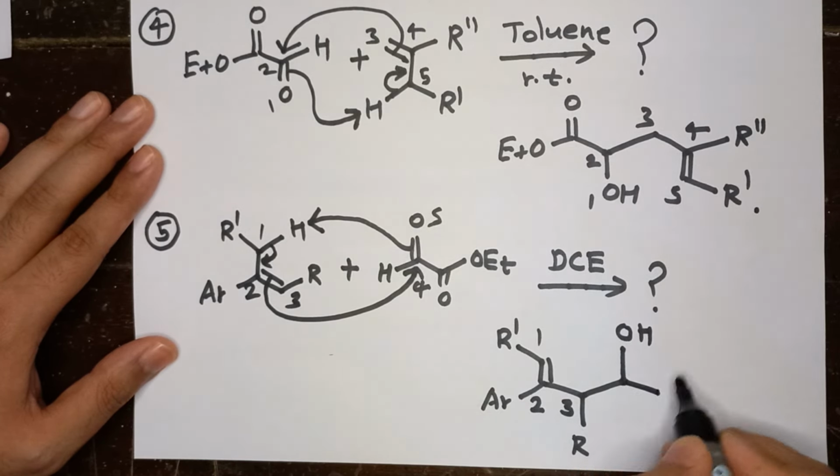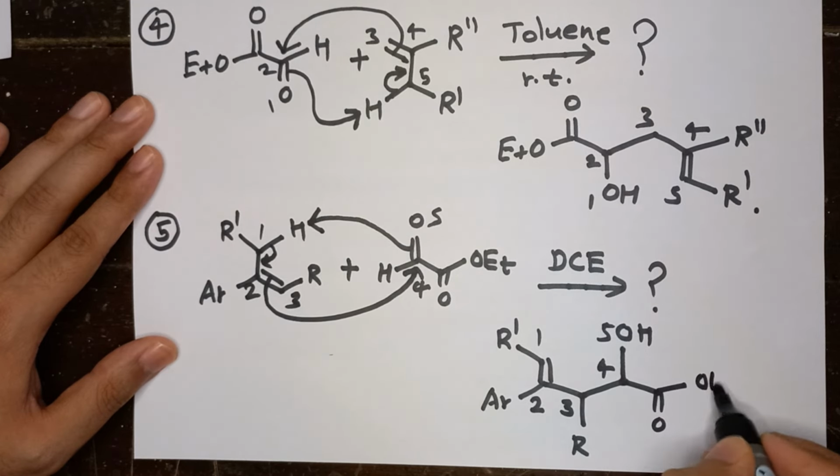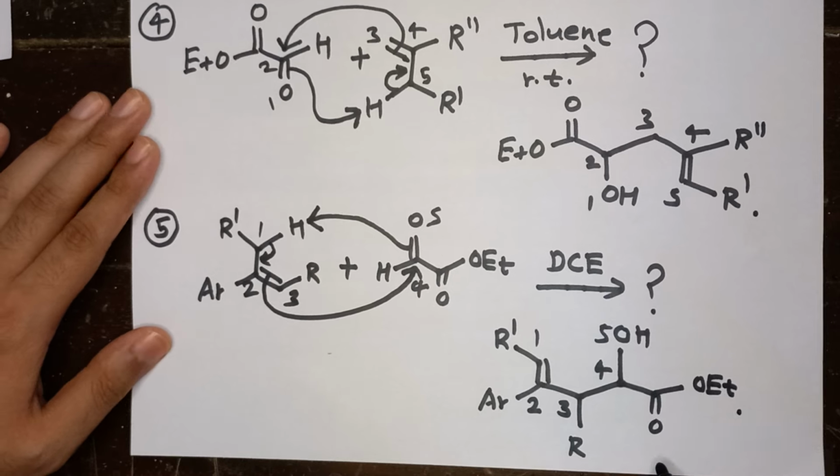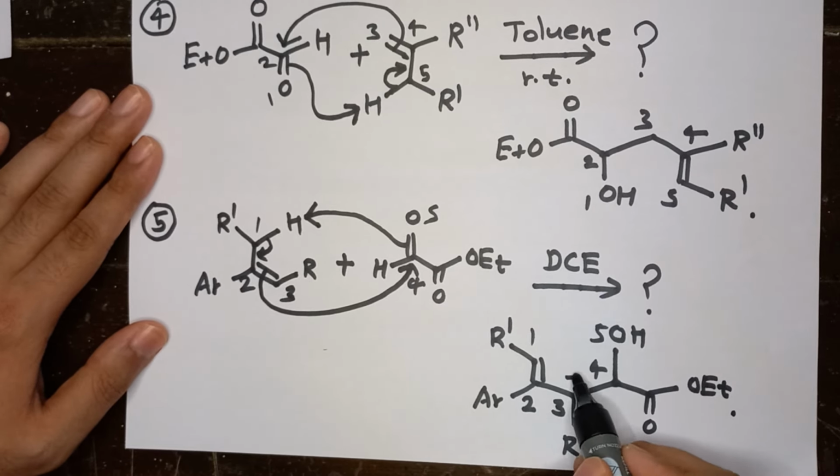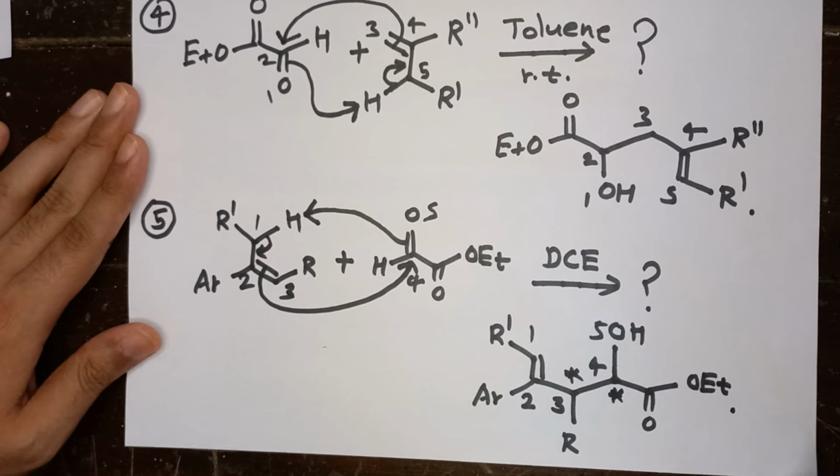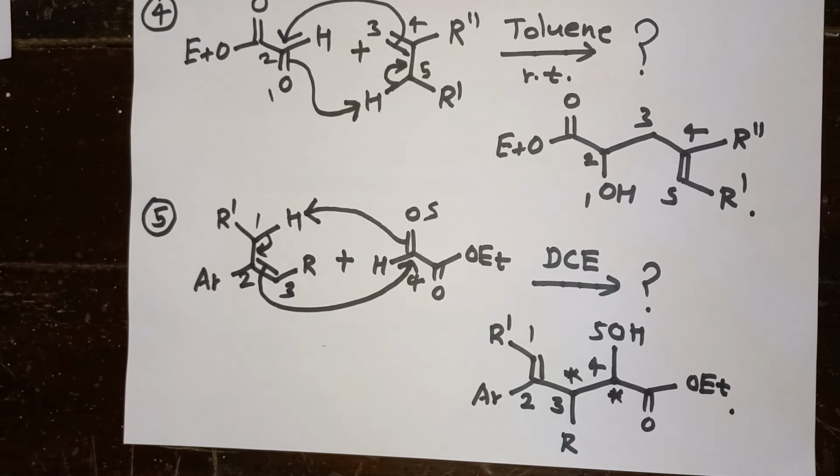And this 4 also contains CO2Et. So this is the product for this reaction. And here we have generated 2 chiral centers, carbon 3 and 4.